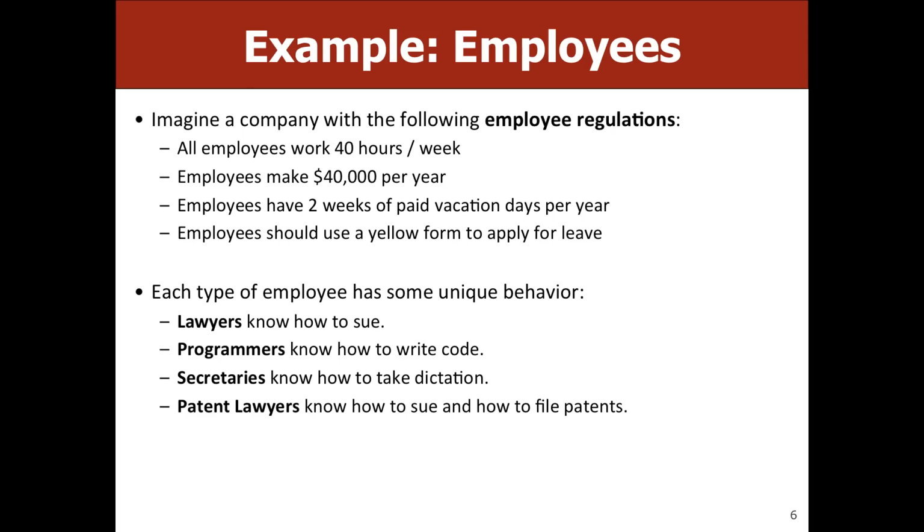We'll focus mostly on the lawyers and the patent lawyers. Lawyers can do everything an employee can do, but they also know how to sue people, right? Very important skill for a lawyer. Patent lawyers know how to sue people and also know how to file patents, how to make people super wealthy by filing patents. Okay.